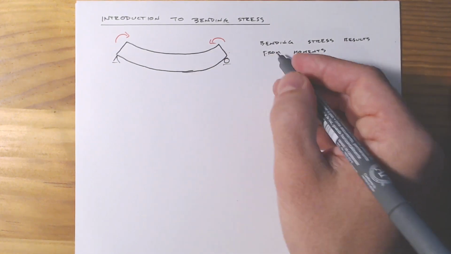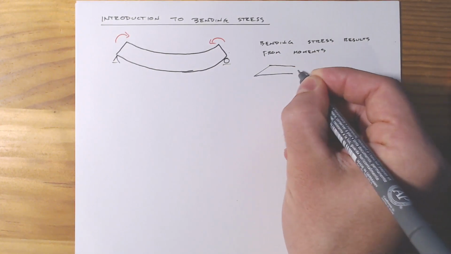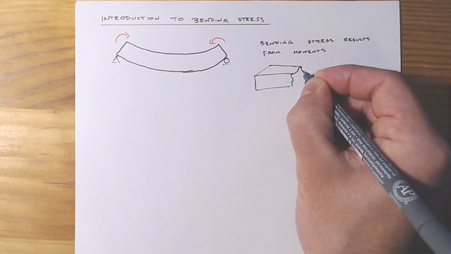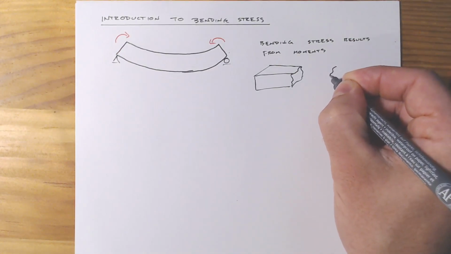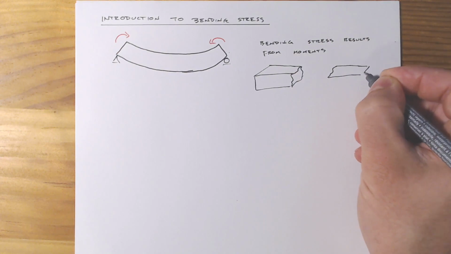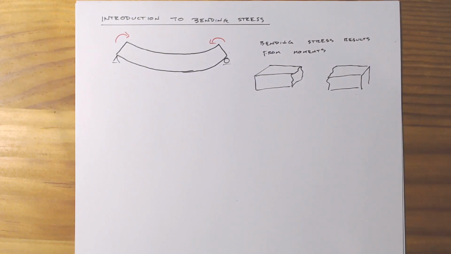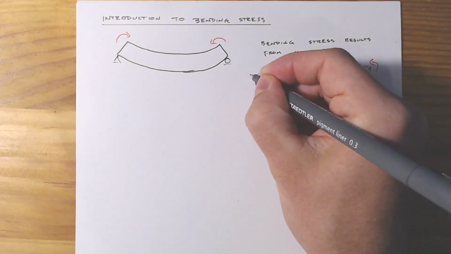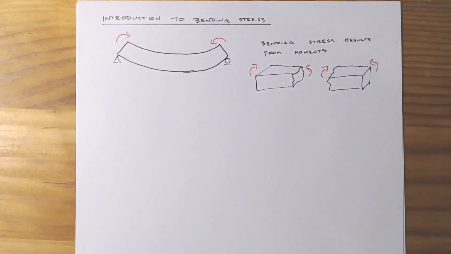And if we want to show this a little bit clearer, obviously we could draw ourselves some little free body diagrams. We'll just do them in 3 dimensions. And then we'll do basically this side and the other side. And so if we've got some applied moment on the edge, we're going to have some internal moment on the inside.